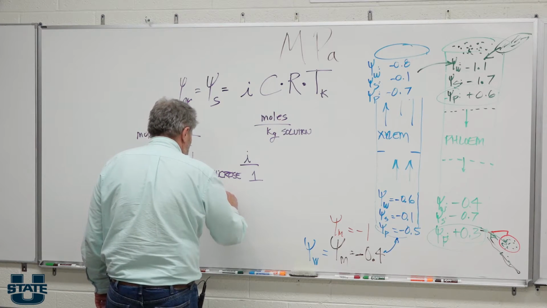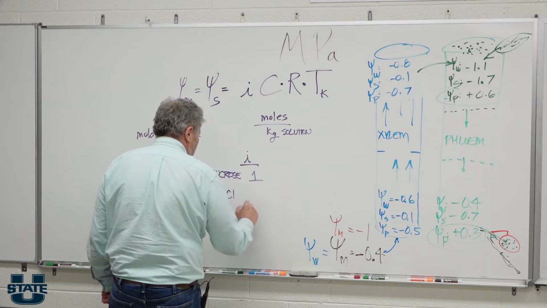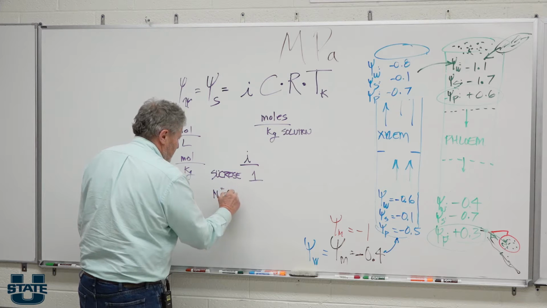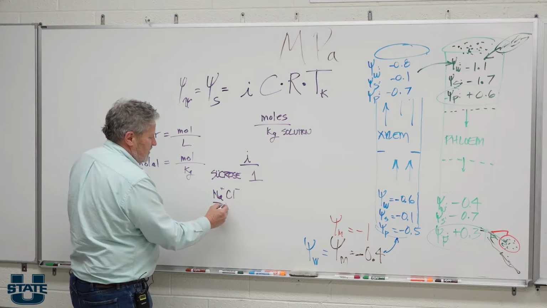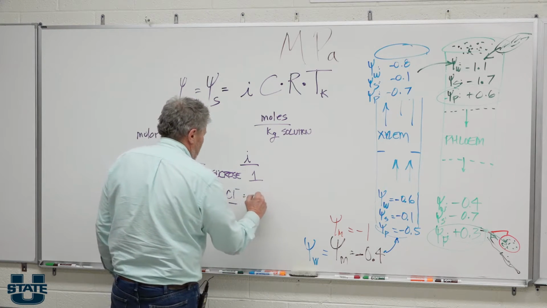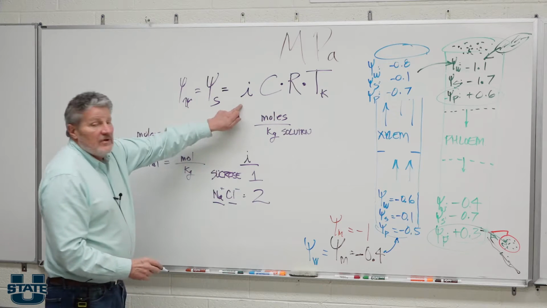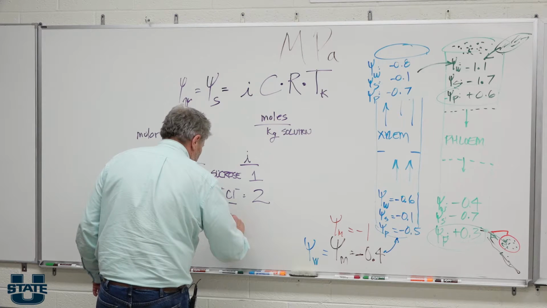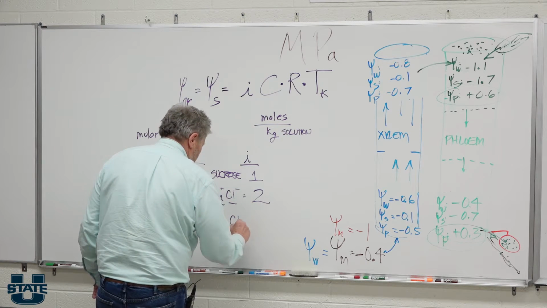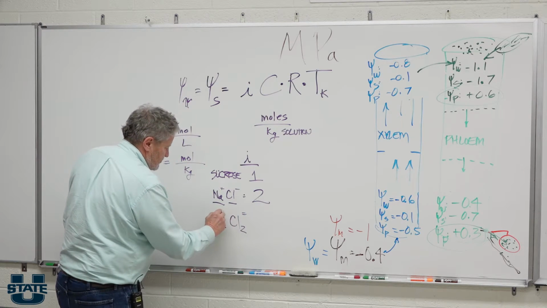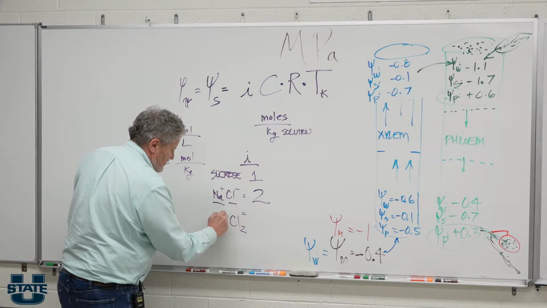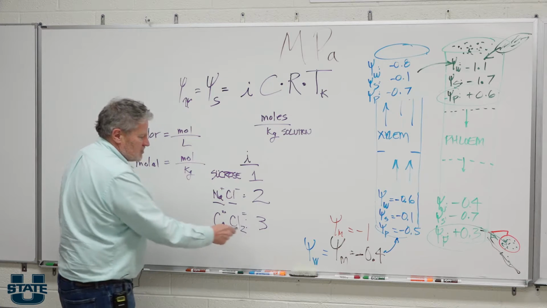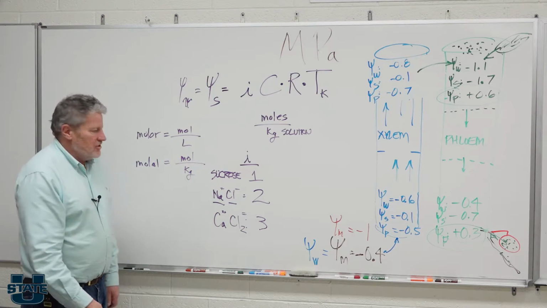If we do sodium chloride, Cl minus, there's two ions, one sodium, one chloride. It's 2 for a salt. If we do now, you can imagine calcium chloride. There's 2 minuses, and this one's 2 plus. It's 3. So it depends on the salt and how many ions it breaks into.